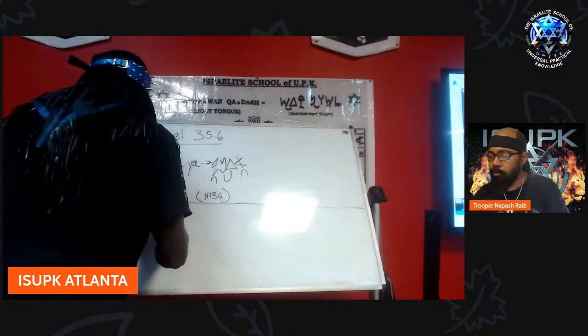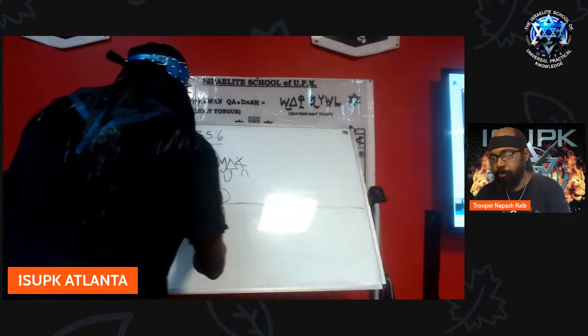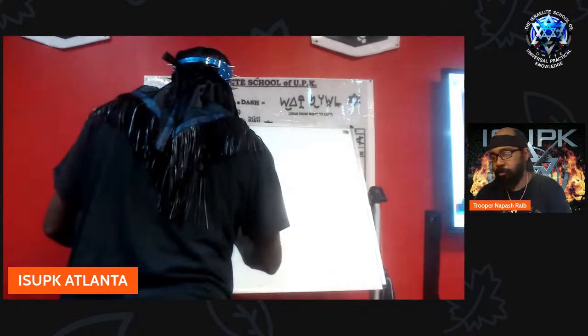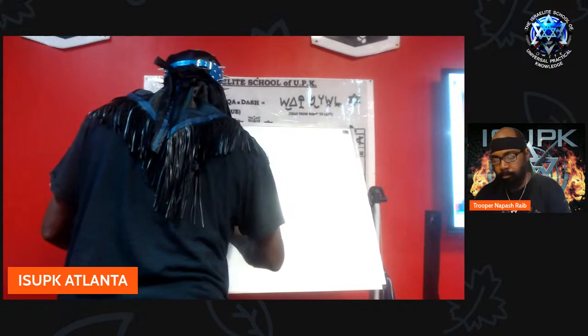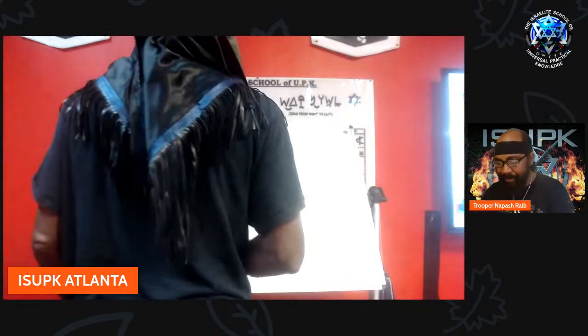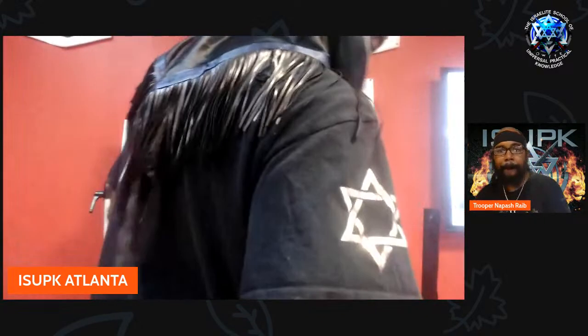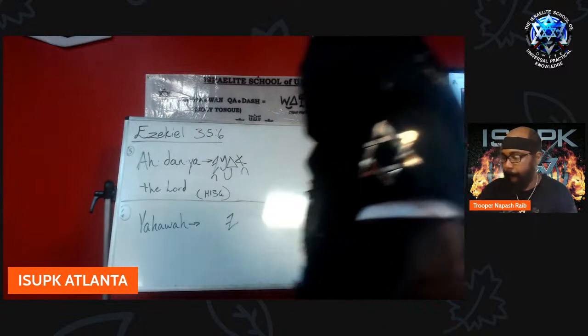All right. And you should know how to spell it, but I'm going to put it up here on the board in the ancient text. Lord have mercy, brain freeze.